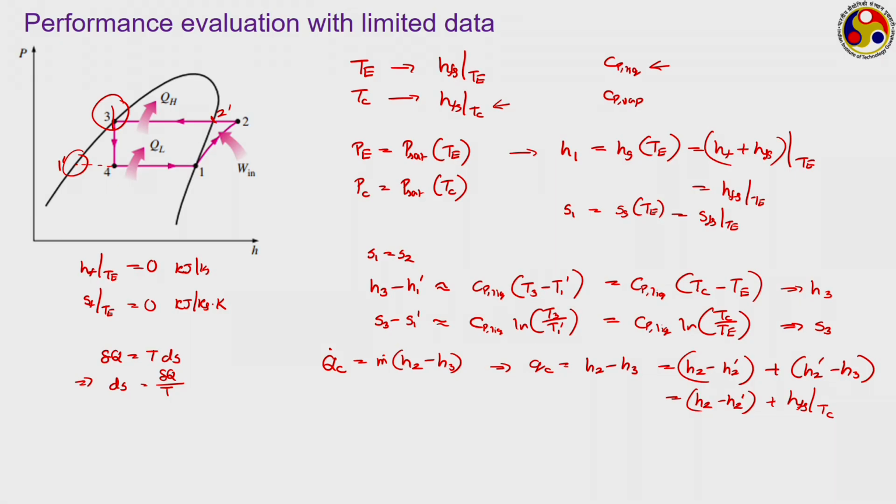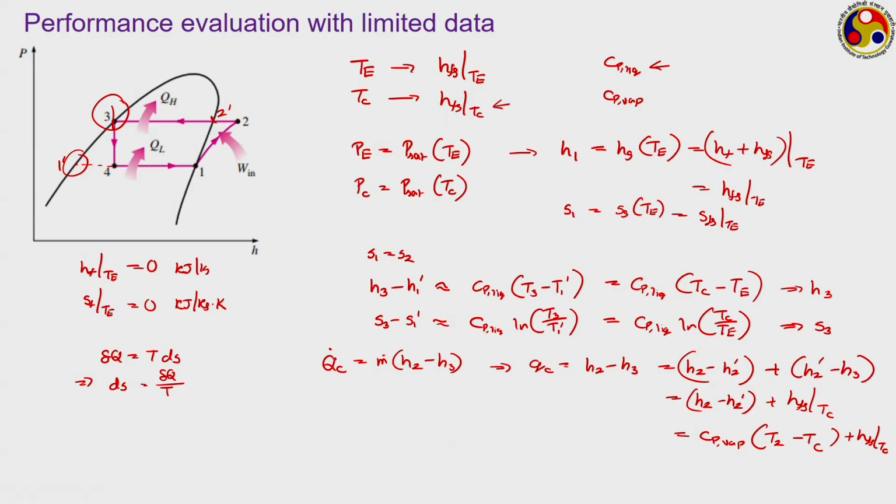superheated vapor. So, if we assume superheated vapor to have a constant specific heat, then we can approximate this in terms of Cp as Cp for the vapor phase into T2 minus T2 prime plus HFG at Tc, and we know that T2 prime is nothing but the Tc.